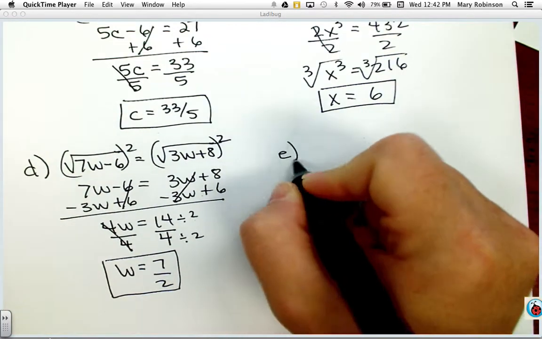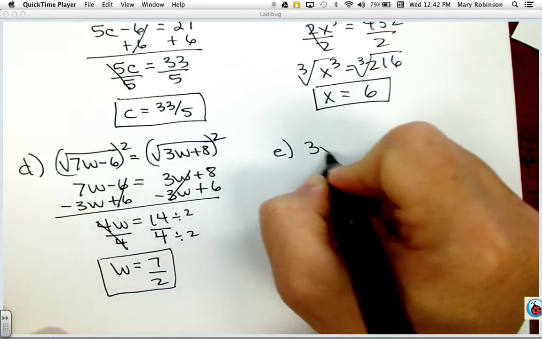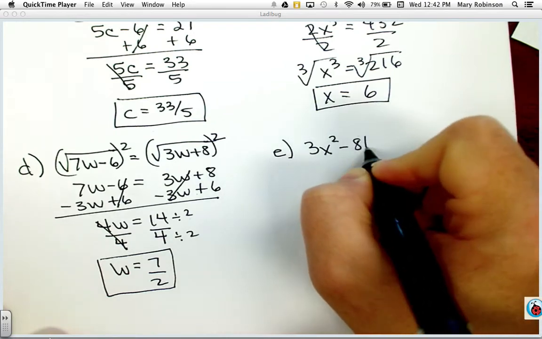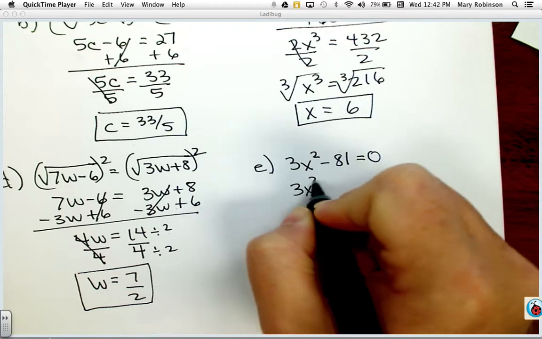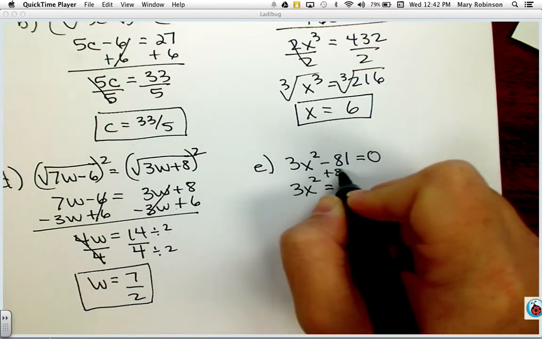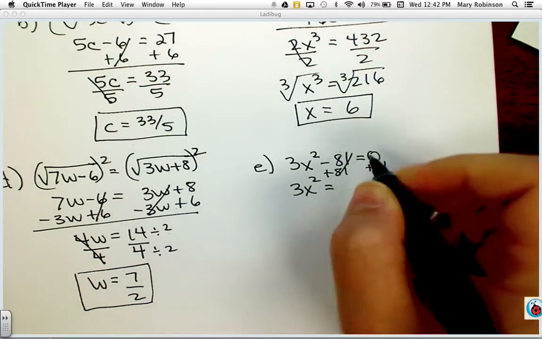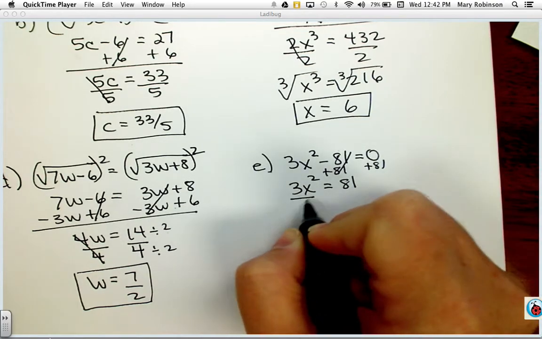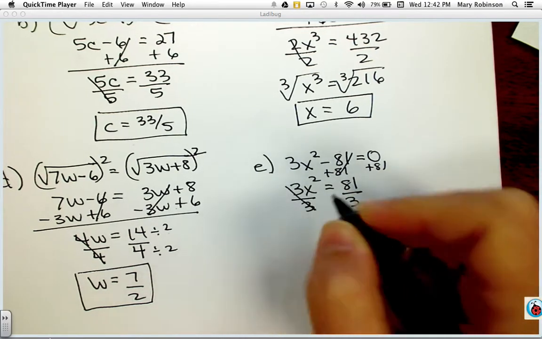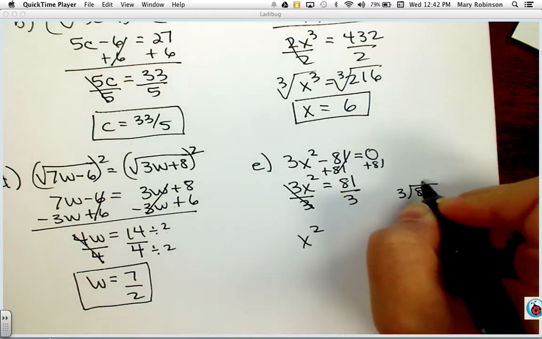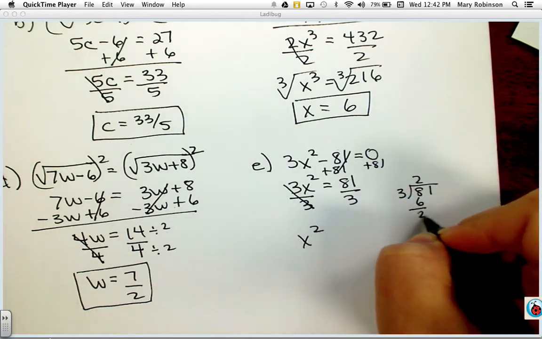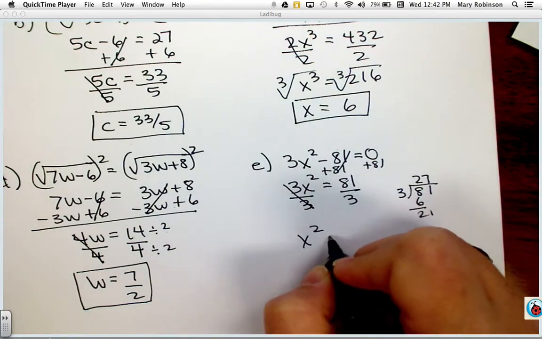Next, we have 3x squared minus 81. If we add 81 to both sides, we'll have 3x squared equals 81. When we divide by 3, 3 goes into 81 27 times.